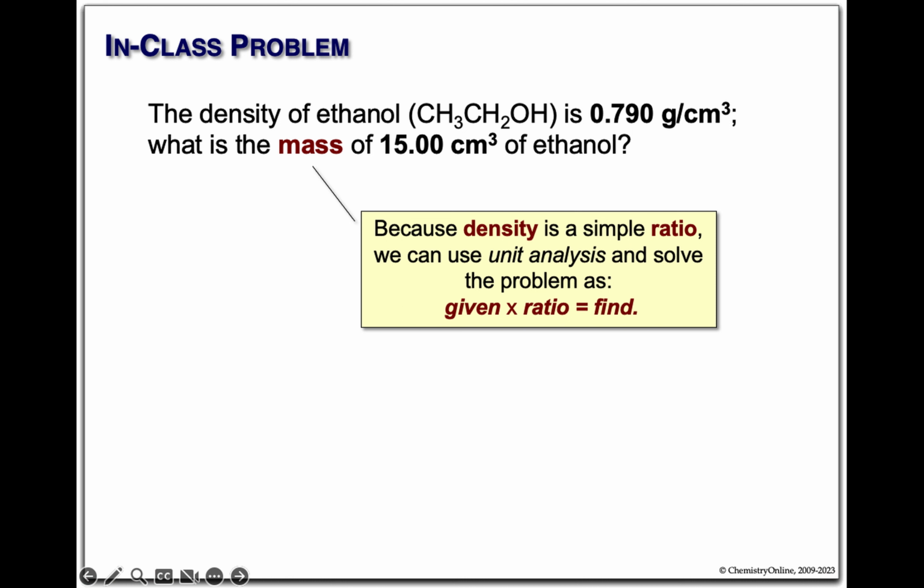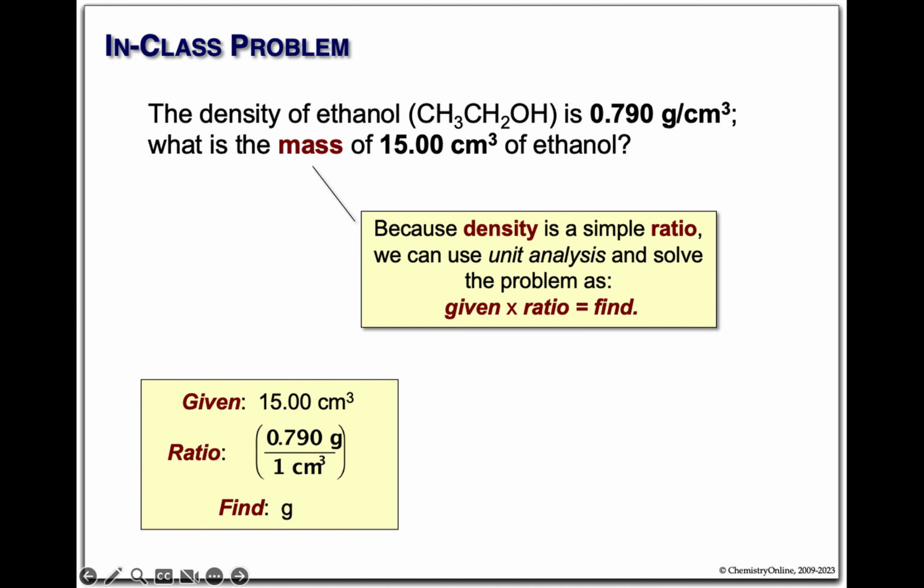Here, we are given the ratio, 0.79 grams divided by cubic centimeters. Here is our given, 15 cubic centimeters of our ethanol. Given 15 cubic centimeters, our ratio 0.79 grams over 1 cubic centimeter in the denominator, and we're finding grams.